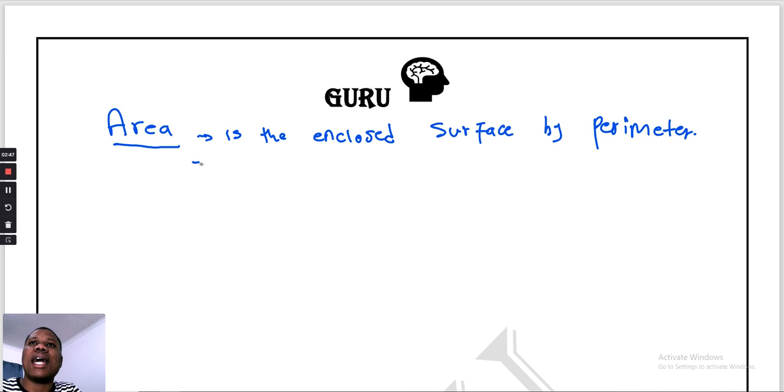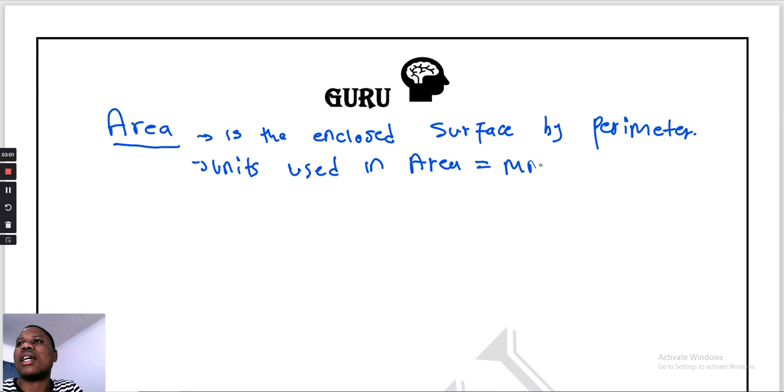And then the units used in area are millimeter squared, centimeter squared, meter squared, and kilometer squared.